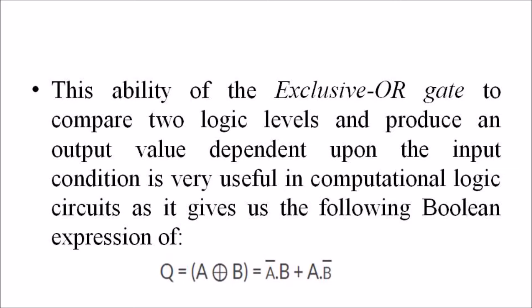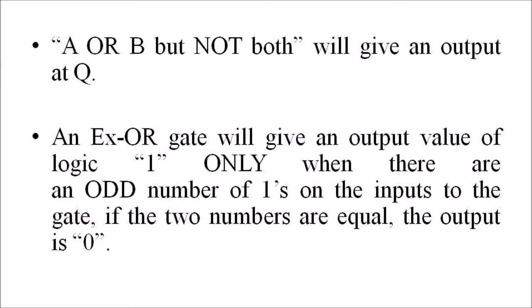The logic function implemented by the two-input XOR gate, given as either A or B but not both, will give an output at Q. In general, an XOR gate will give an output value of logic 1 only when there is an odd number of 1s on the input to the gate. If the two inputs are equal, then the output is 0.